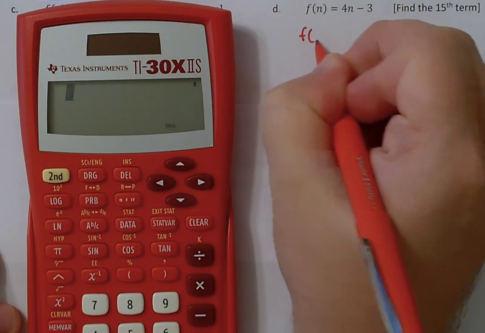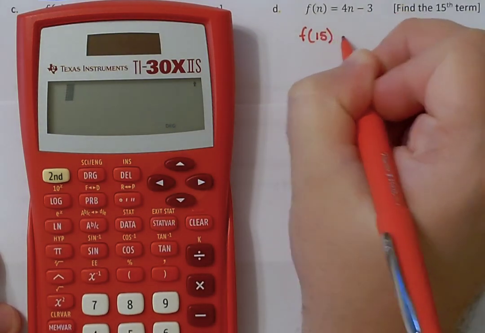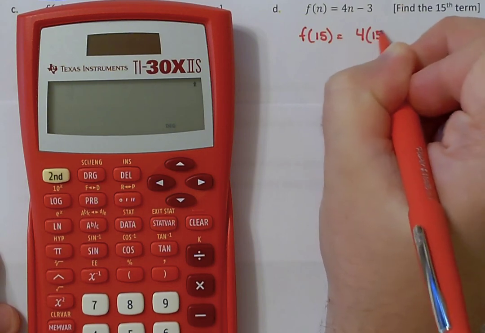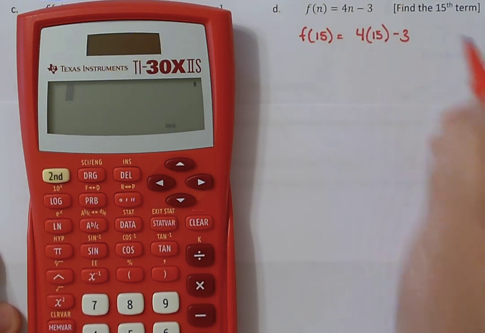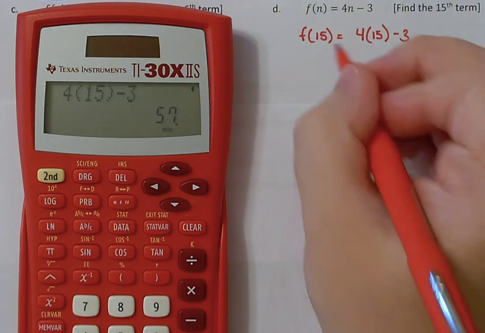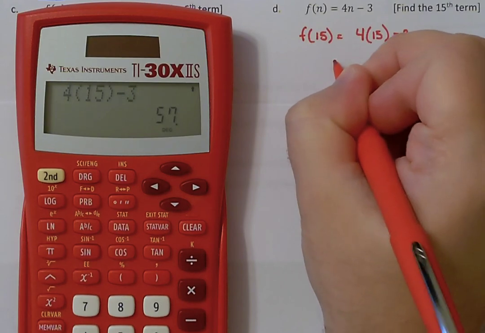So we're going to plug 15 in for n. So f of 15 is 4 times 15 minus 3. So in our calculator, we're going to do 4 times 15 and then minus 3. And we end up with 57 as our answer.